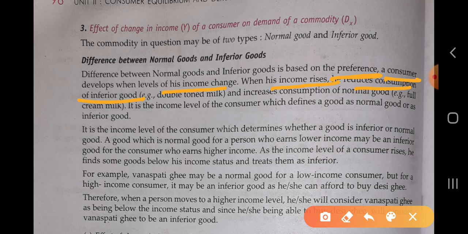Normal good means double full cream milk. Okay, in that condition, when the income of the consumer increases, he will go for the normal good.